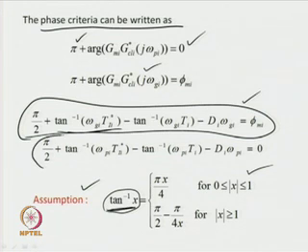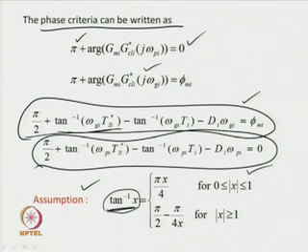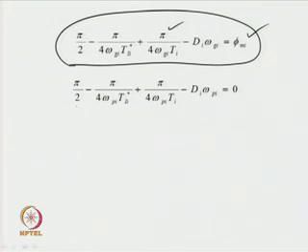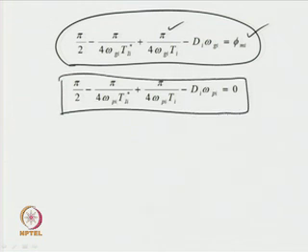Similarly, for the second nonlinear equation, with the use of this assumption, the nonlinear function involving tan inverse has been simplified to a much simpler form, which gives us π/2 minus π/(4ω_pi T_i*) plus π/(4ω_pi T_i) minus d_i ω_pi is equal to 0.